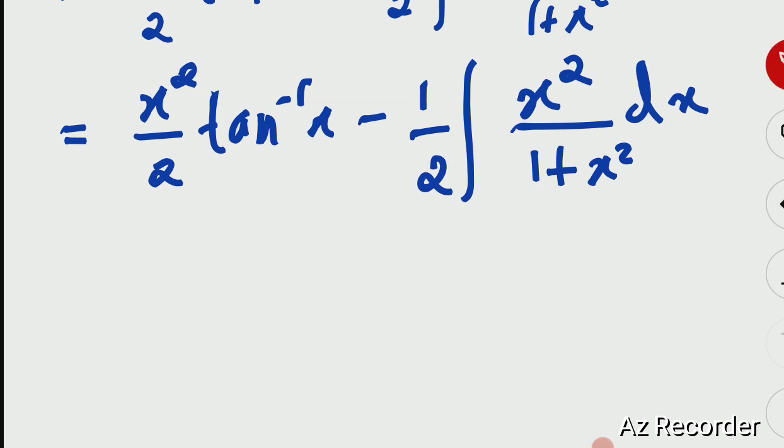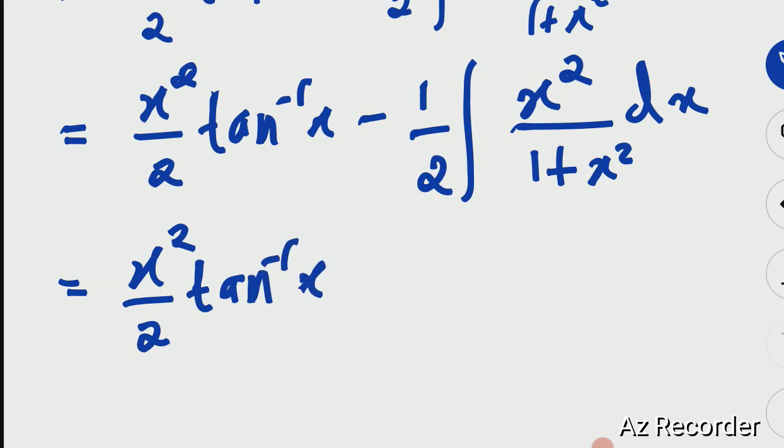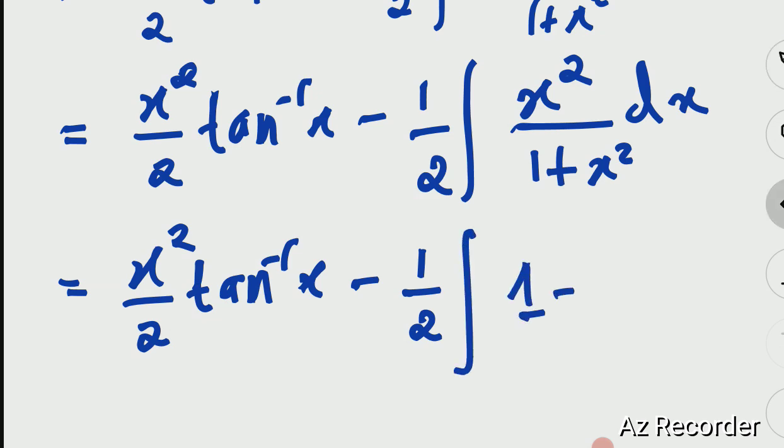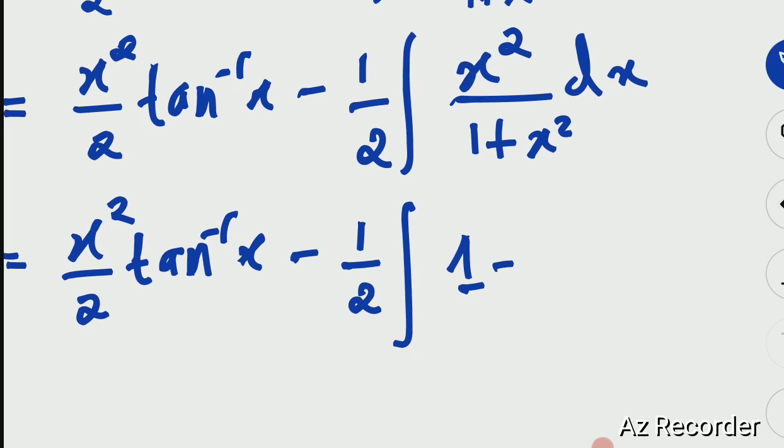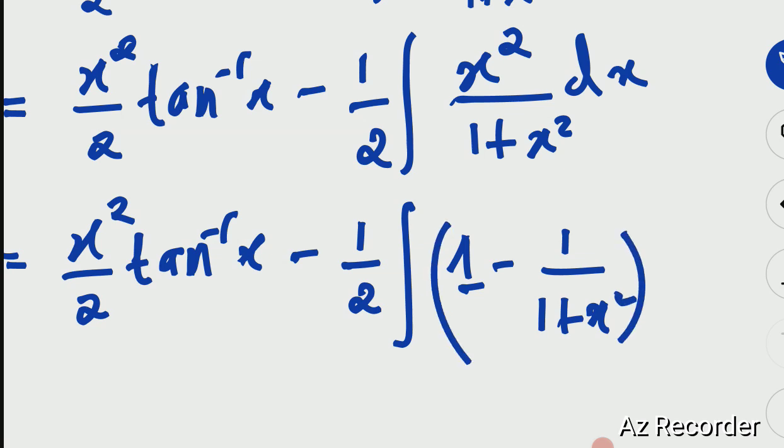So this is equal to x squared on 2 tan inverse of x minus half integral of 1 minus 1 on 1 plus x squared, all that with respect to dx.